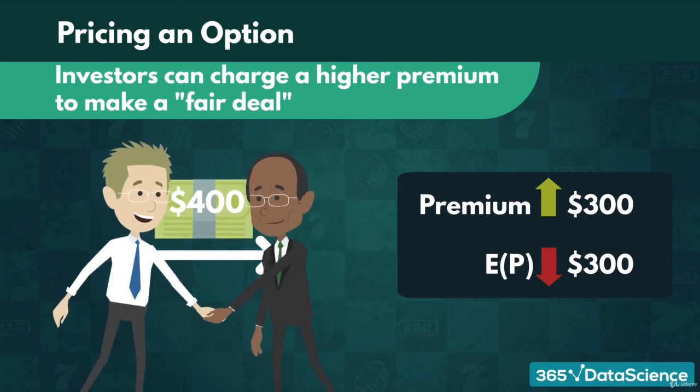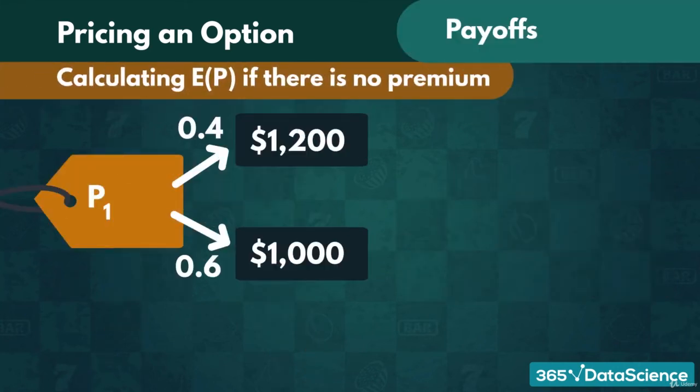Fantastic! Another way we can compute the price of the option is by calculating the expected payoff if there is no premium. Let's explore this more carefully. If the price falls, just as before, we do not call the option. The expected value for this scenario is 0, since we are not paying a premium or going through with the deal.